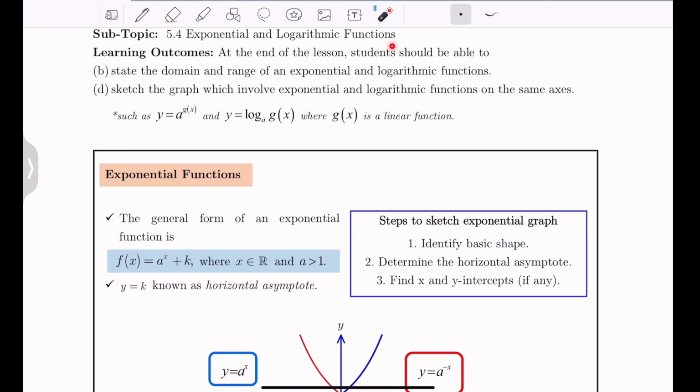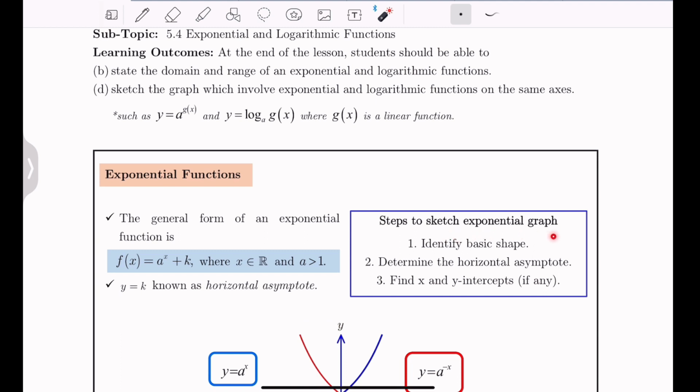Exponential and logarithmic function. For exponential function, the general form of an exponential function is f(x) equals a to the power x plus k, where x is an element of real numbers and a is greater than 1. So from the general form, we can get the horizontal asymptote, which is y equals k.